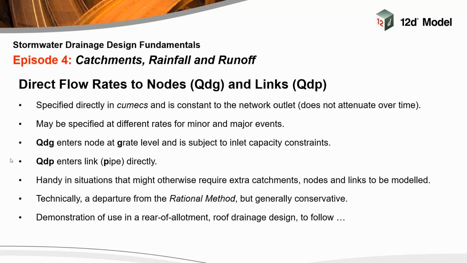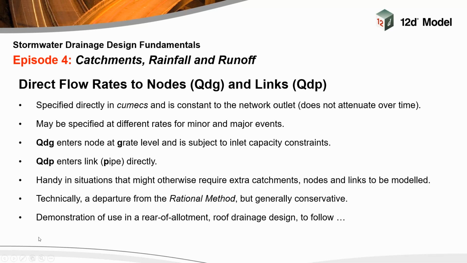The difference between the two is that the QDG, or grate flow, enters the node directly at grate level, and it's subject to any inlet capacity constraints you might have at that node, whereas QDP, or direct pipe flow, enters the pipe directly. It just magically appears as a flow rate and flows all the way to the outlet as a constant flow rate.